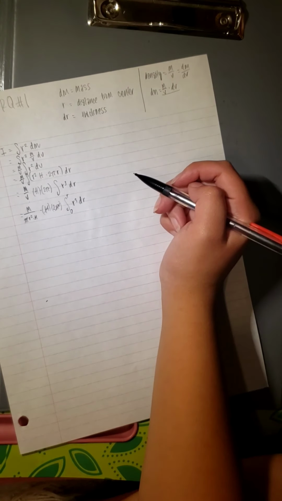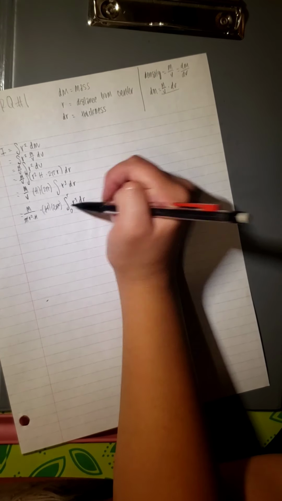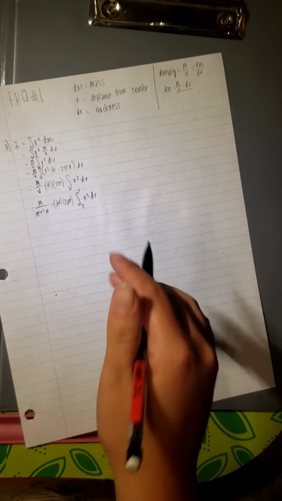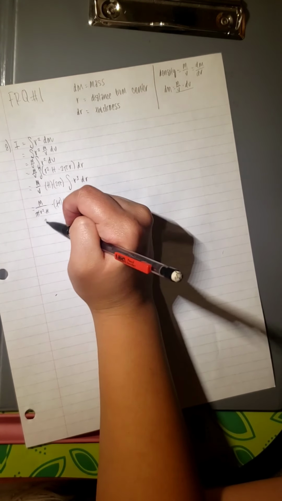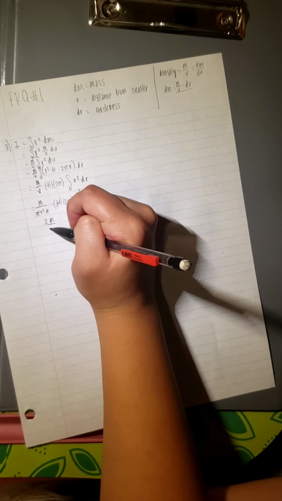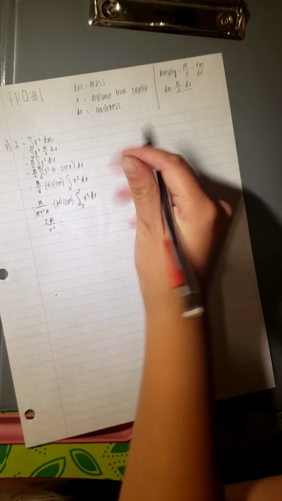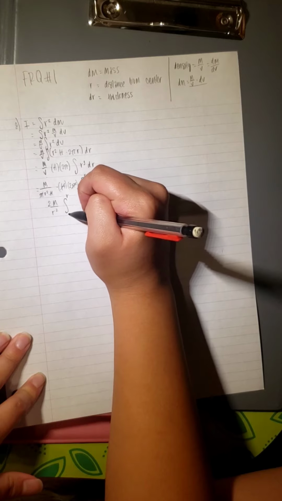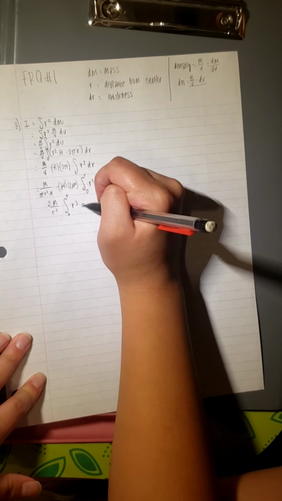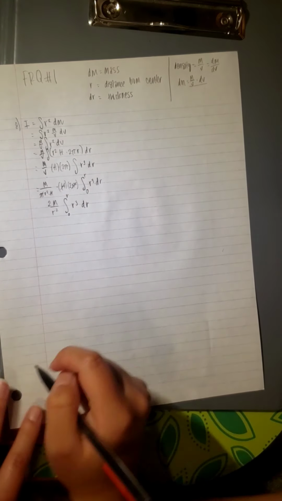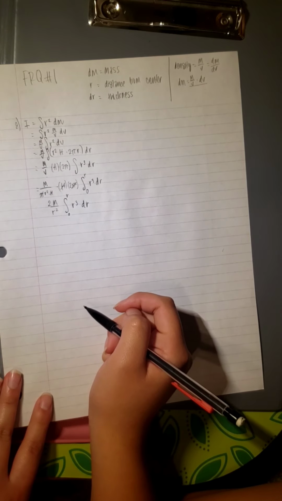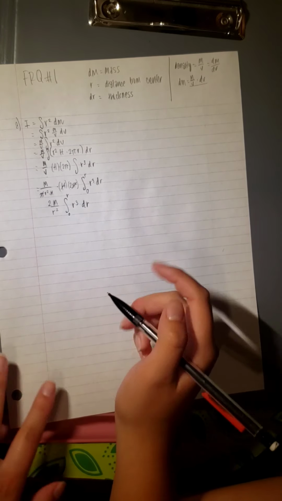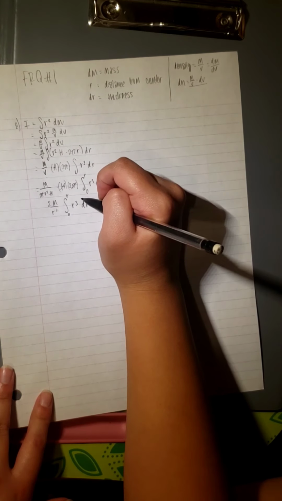Okay, so now we have this. We can go ahead and simplify this side. And you have to remember that when you integrate, the little cheat is you add one to the exponent and then you divide by that new number.